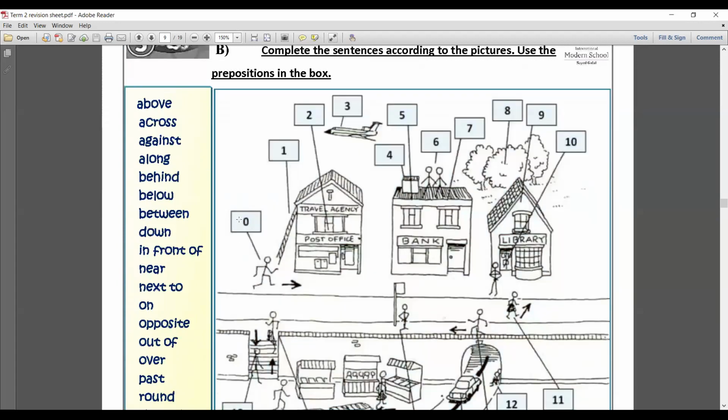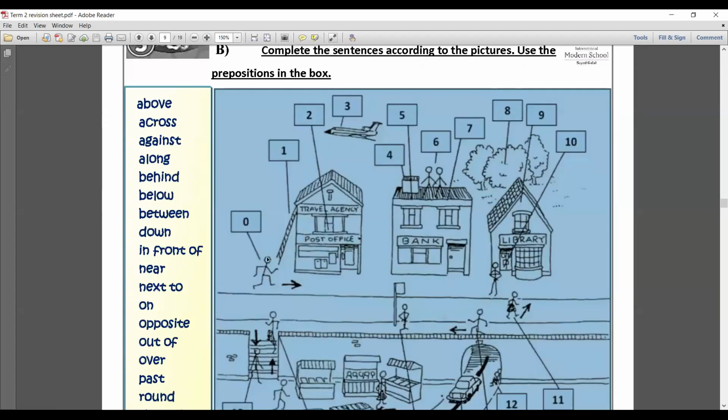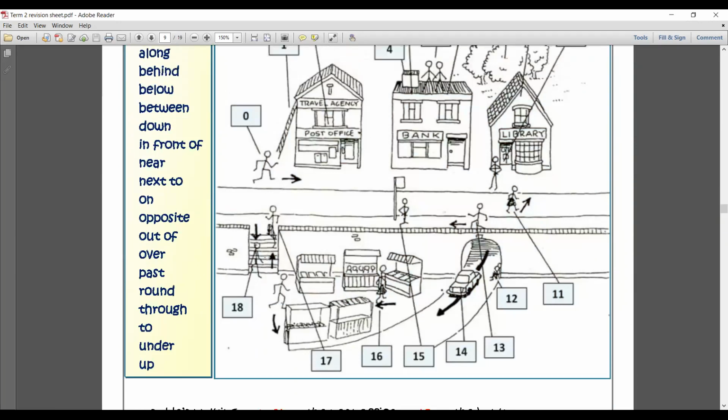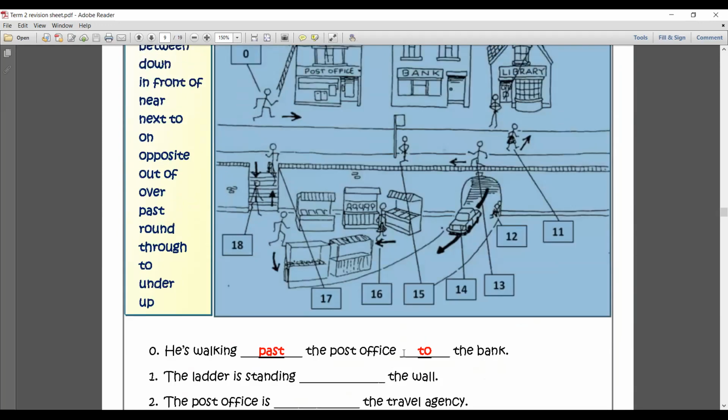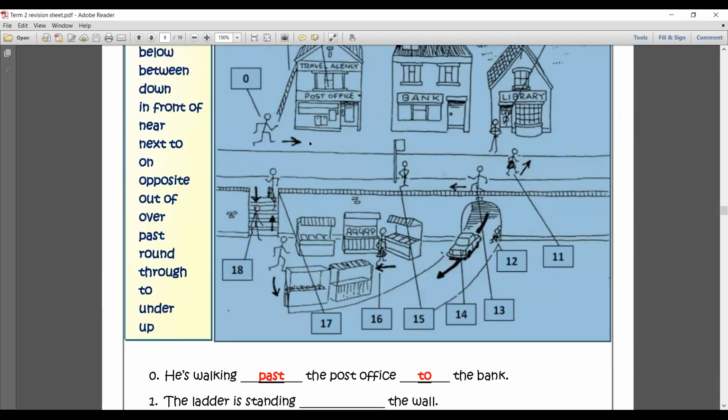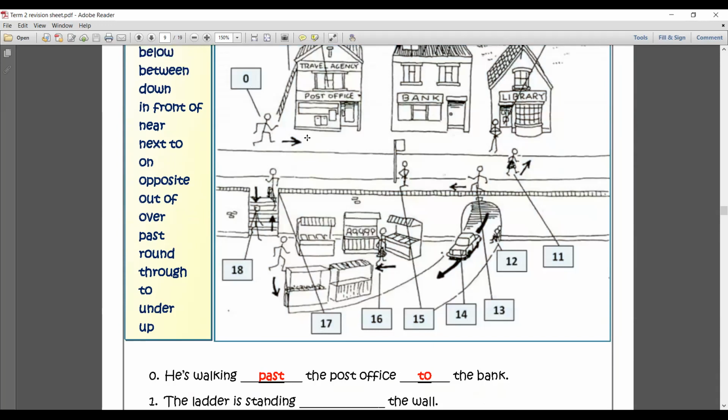Okay, so the first sentence here, it's the zero sentence and it's already answered. The boy is walking blank the post office, blank the bank. So he's walking past the post office. He's going to pass by the post office to the bank. He's not gonna stop here. He's just gonna pass by it. All right, so this one is already done.